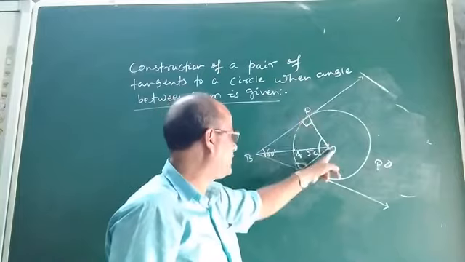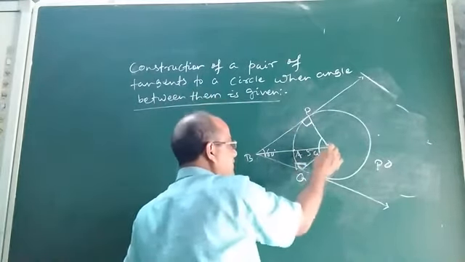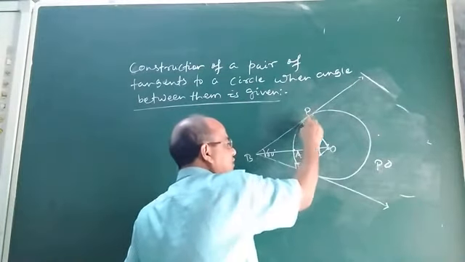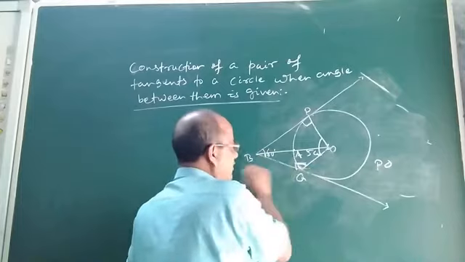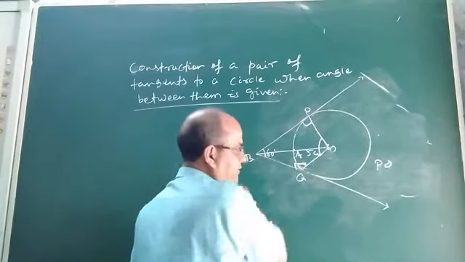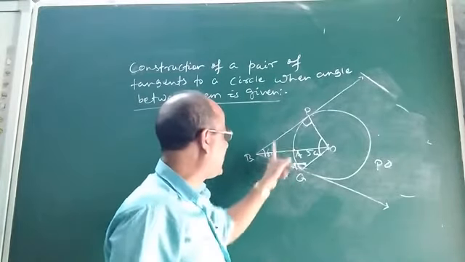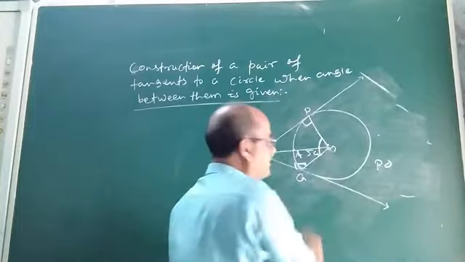Then OP will be 5 cm, OQ will be 5 cm. Join OP and OQ. Now if OP is the radius and BP is the tangent, then no doubt angle OPB will be 90 degrees. Similarly, if OQ is the radius and BQ is the tangent, then no doubt angle OQB will be 90 degrees. So this is 90, this is 90, and the angle between the two tangents is 60. Then what will be the angle at the center? Find out.